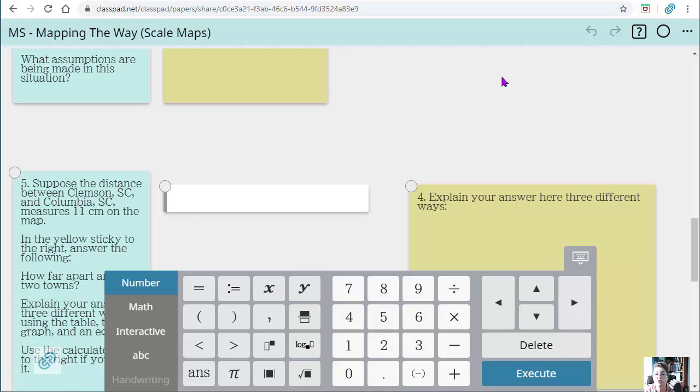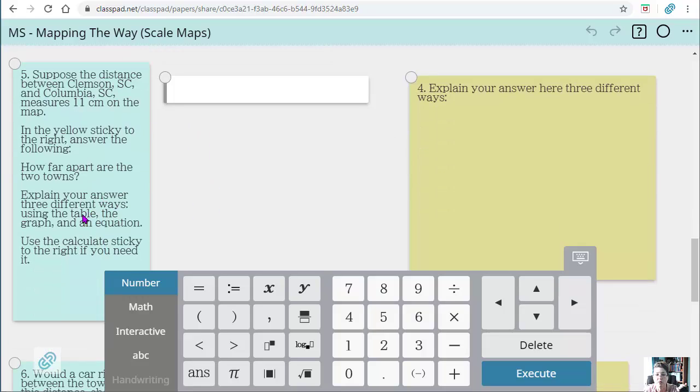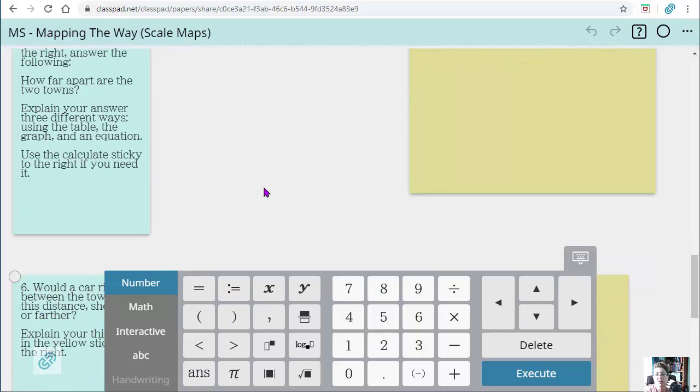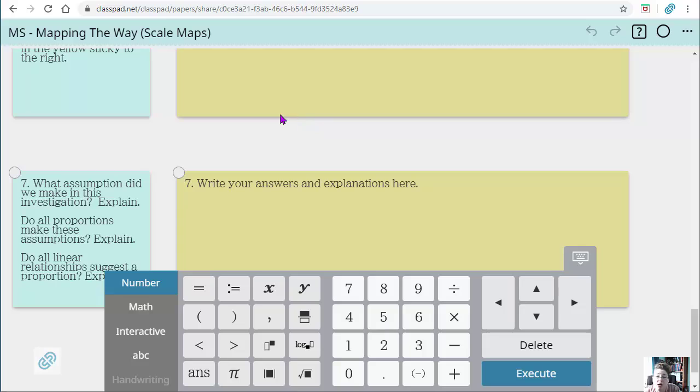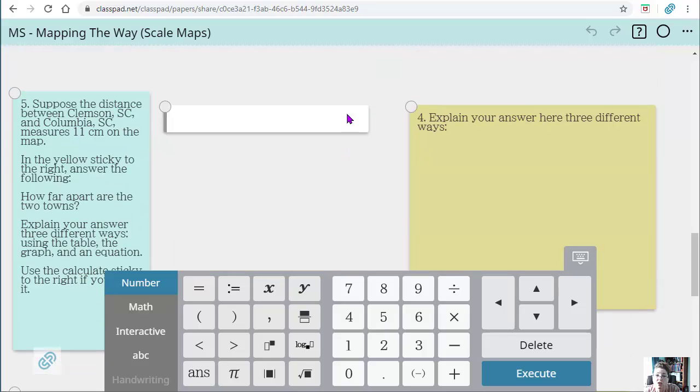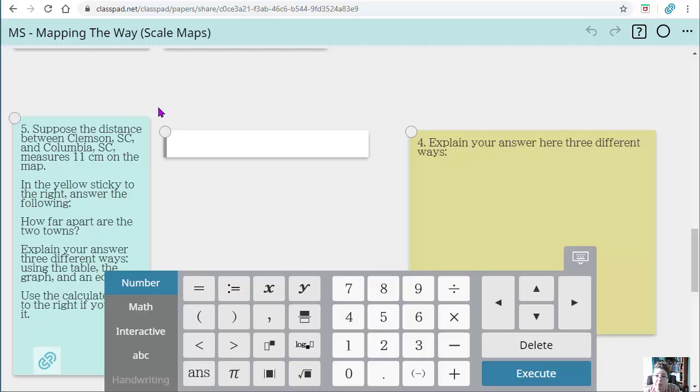And then they're going to use that to help them describe some distances, like how far apart are the towns and those types of things. So this is just an application, but really a realistic application using maps and understanding the relationship between the ratio and how it's used to help us find actual distances.